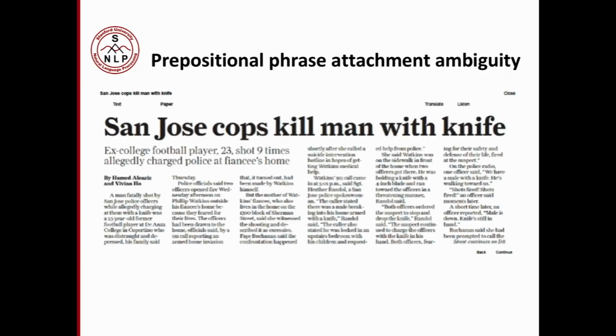The cop stabs a guy. So meaning one is the cop stabs a guy. What we've got here is the cops that are killing. This is what we'll say is the subject of kill, the San Jose cops. And there's what they kill, so the man is the object of killing.